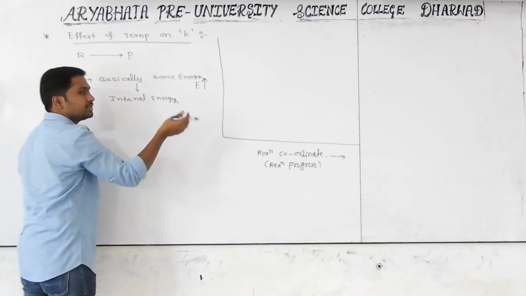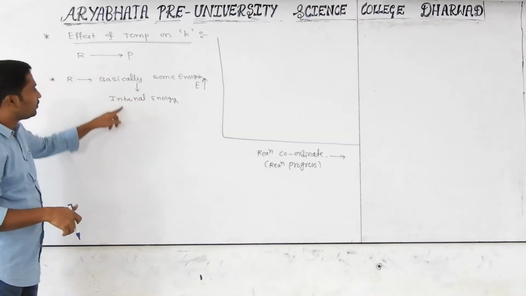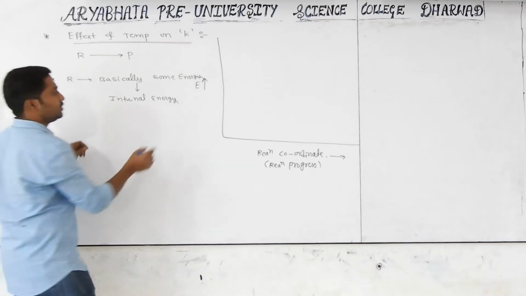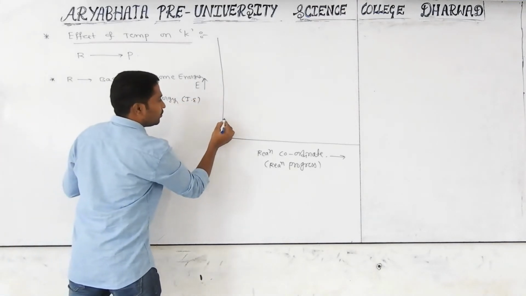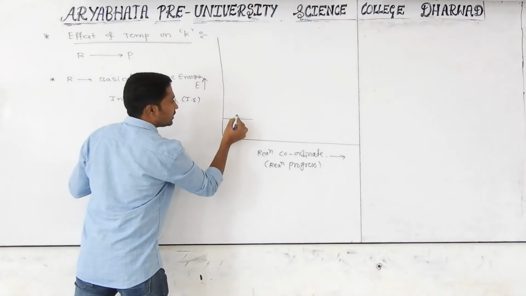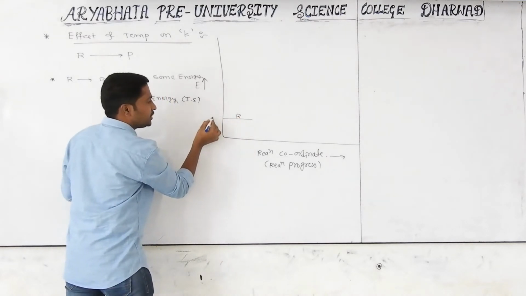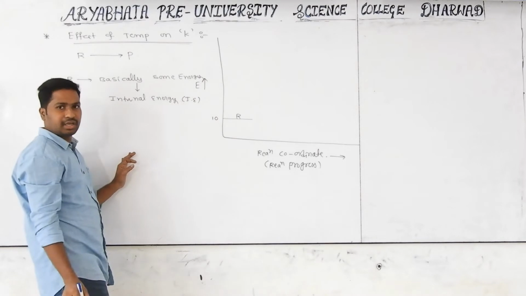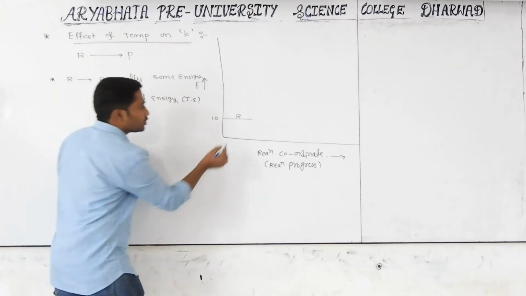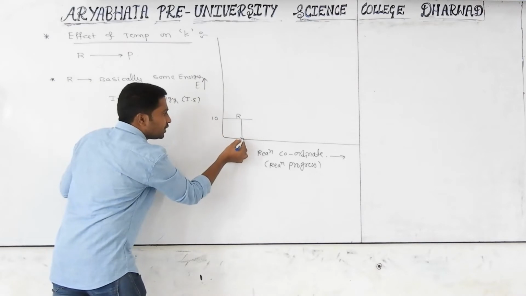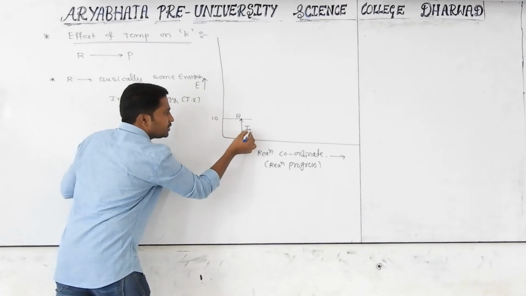Everybody has some energy in them, and that is what we call internal energy. For example, we have reactants, and those reactants have some energy here, say 10 kilocalories. Is it the basic energy of the reactants or no? That's why this energy gap we show as which energy?